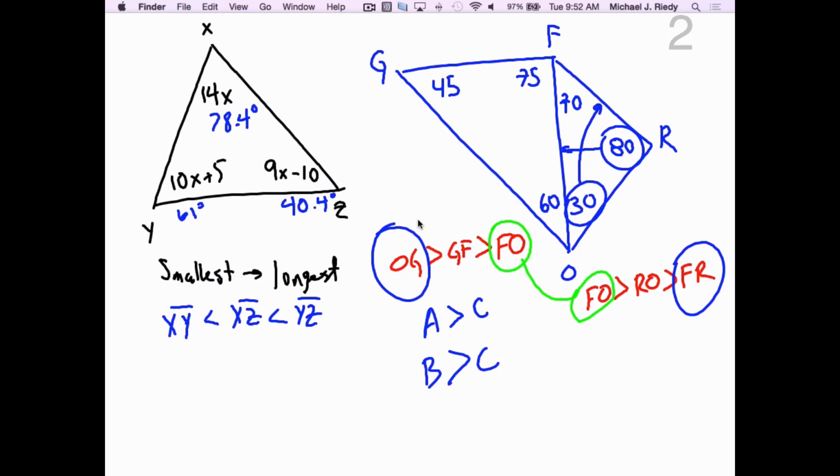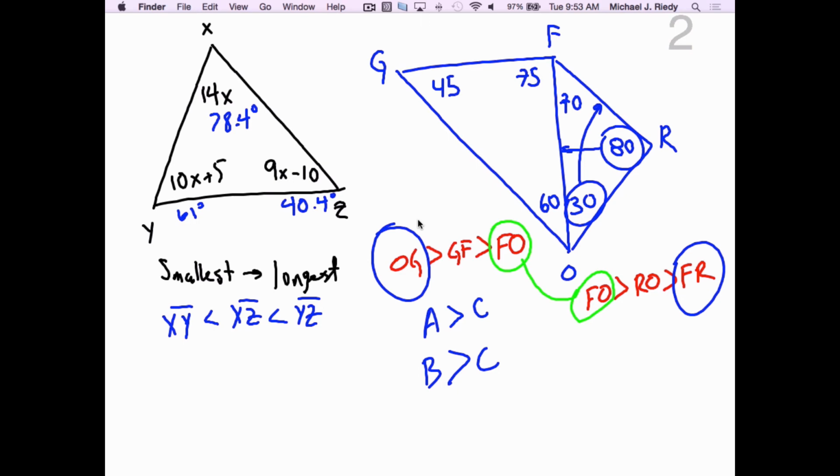They're both greater than C. Yes, that's exactly what she just said, but what's the relationship between A and B? Don't say C anymore, just A and B. There is no relationship. Bingo, there is no relationship. If we don't have this clear-cut establishment of the inequality, then you can't say which one is bigger than the other. A could be bigger, B could be bigger, they could be the same, we don't know. Okay, are we good? All right, let's move on to the last one.